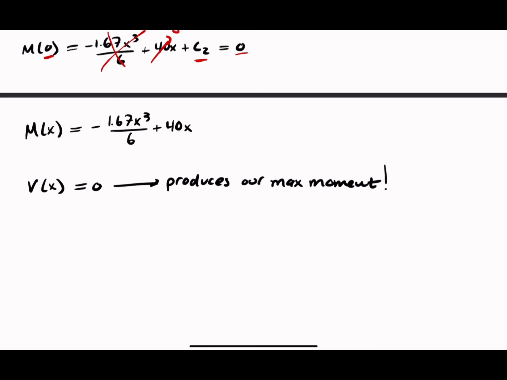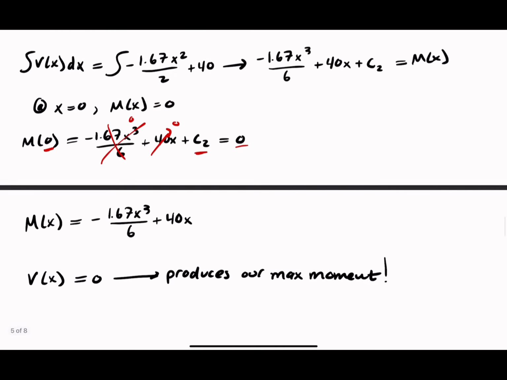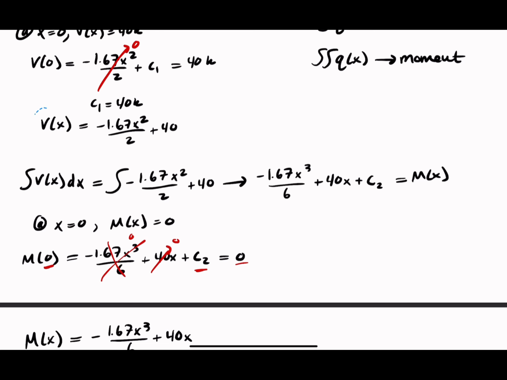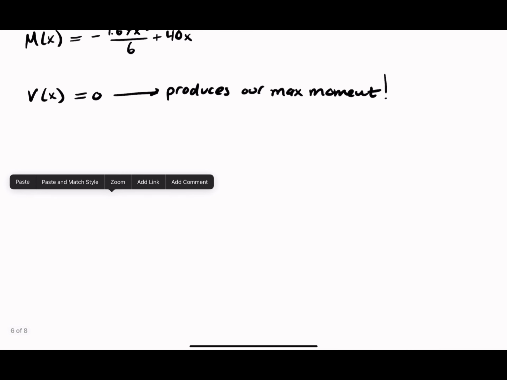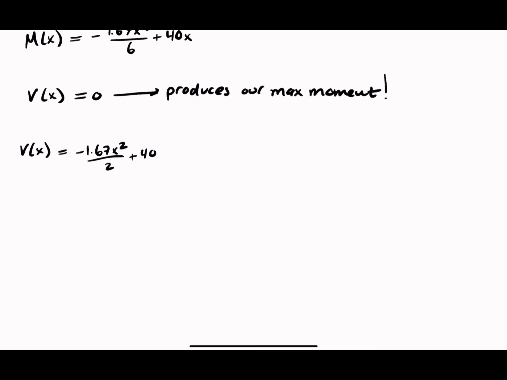So let's try to find the x value that produces a 0 shear. That's basically what we're doing here. So I'm going to copy this equation since we need it again, the one we integrated the first time. Basically we're saying if we set this equal to 0 and solve, that distance should be the distance that produces the max moment for our beam. So let's see.